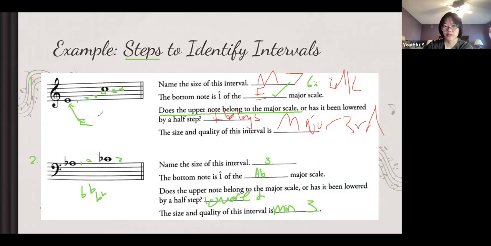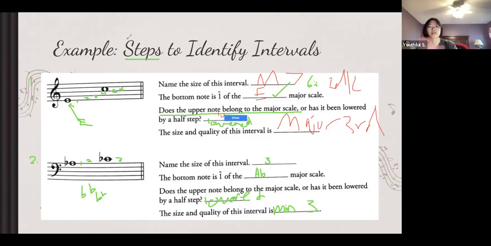E major's key signature is 4 sharps. So that includes C. If you were going happily along your E major scale, then C would be one of those keys that are sharped. So it would not be major, it would be lowered.